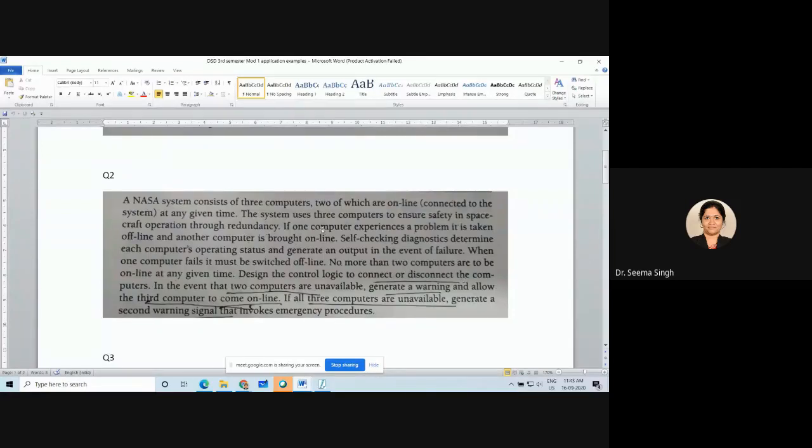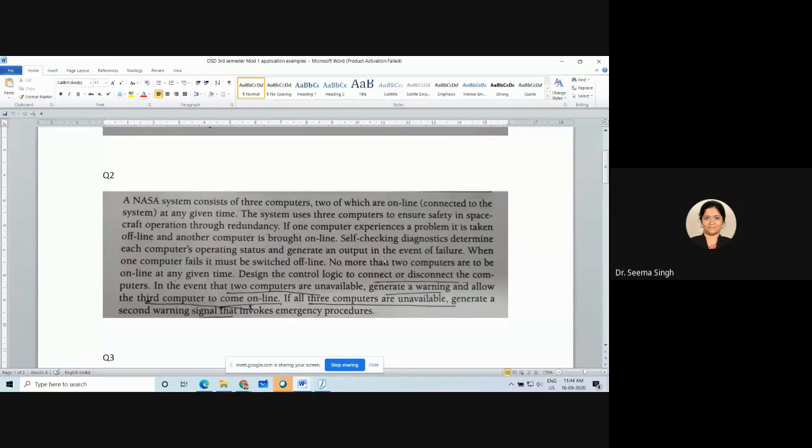Okay. So if one computer experiences a problem, it is taken offline and another, the standby computer, is brought online. Now self-checking diagnostic determine each computer's operating status and generate an output in the event of failure. So you will have an output with respect to each computer, which will be made one if my computer fails.